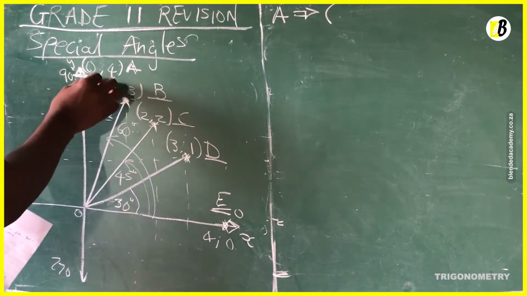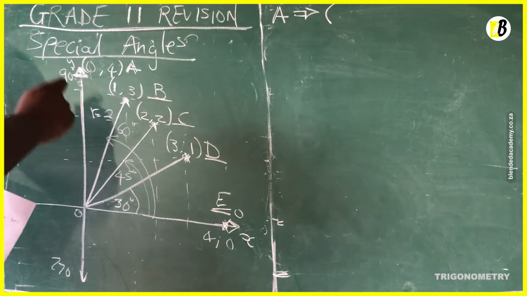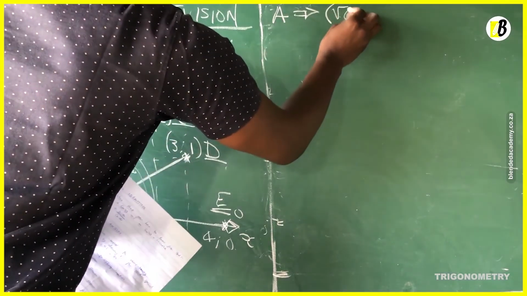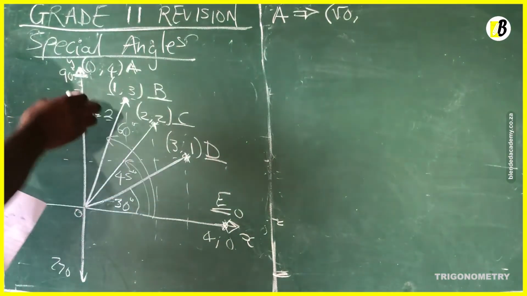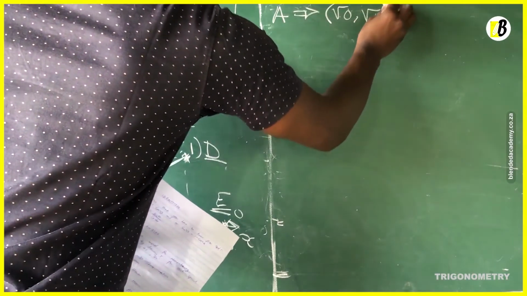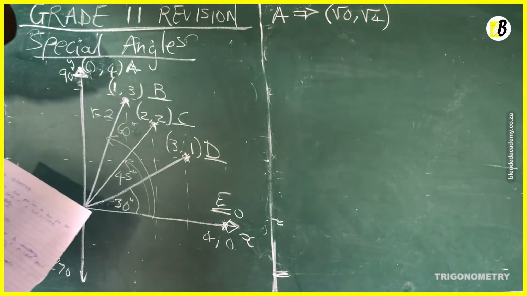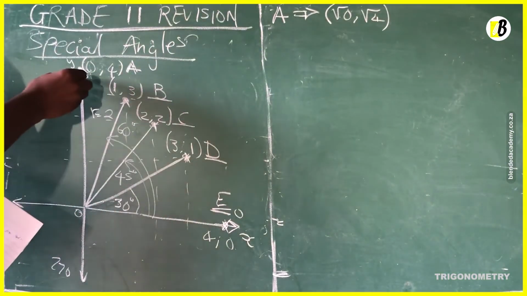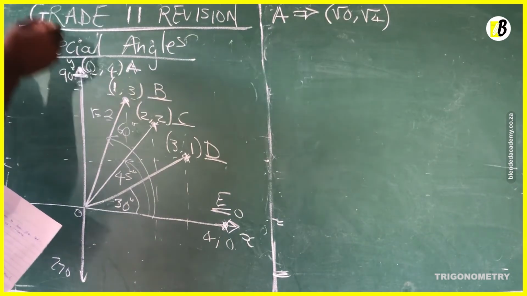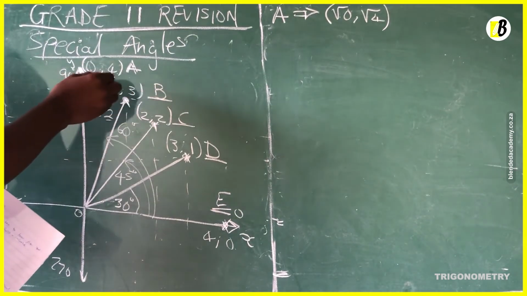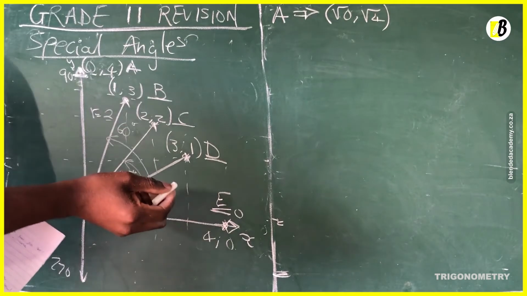That means it's going to be square root of 0 and square root of 4. And you also need to remember that when naming these coordinates, we first write the x coordinate, and then the one on the right will be our y coordinate.